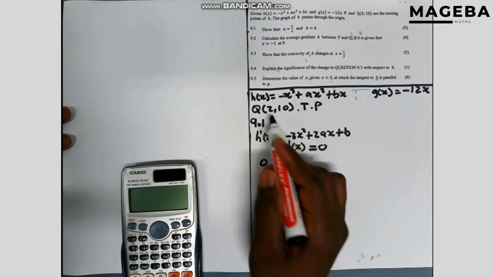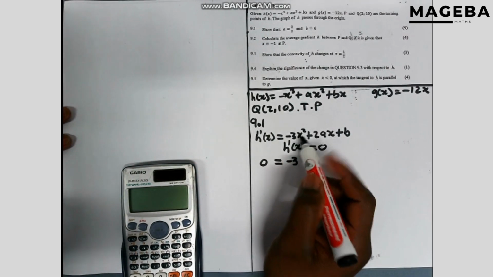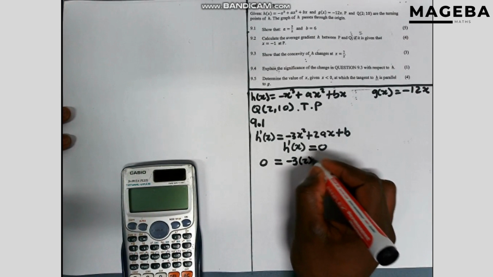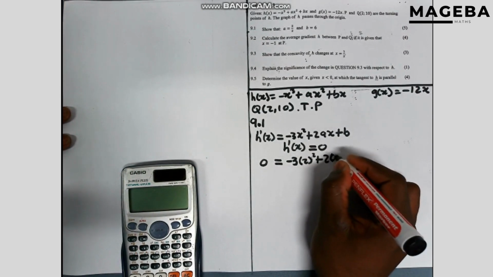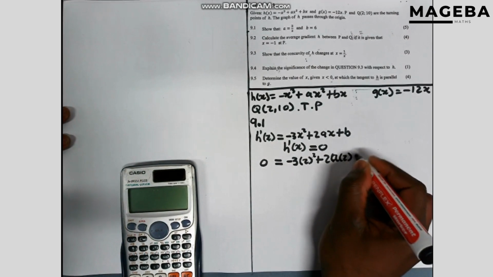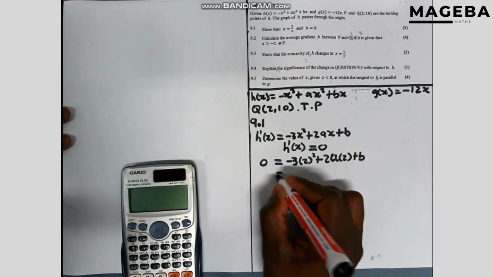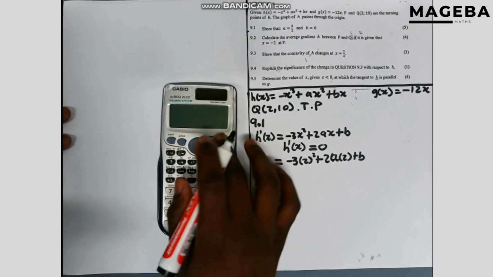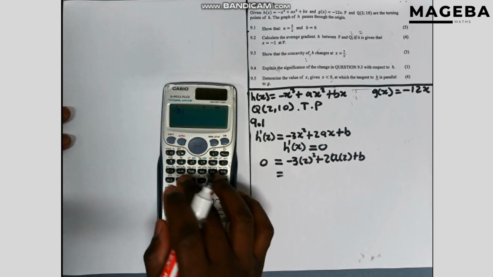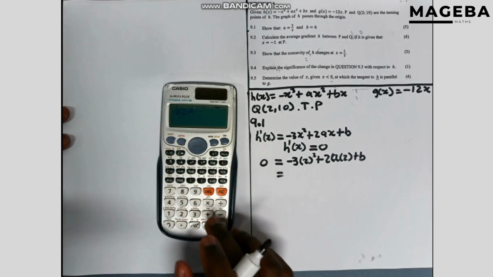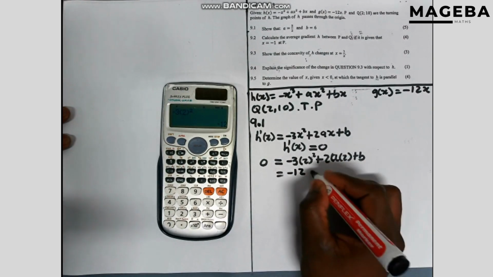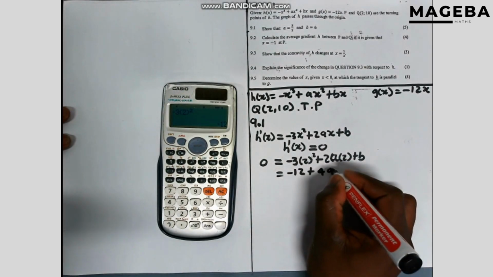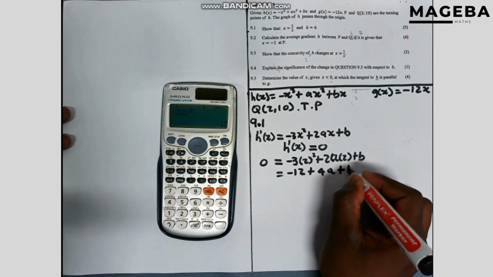Now we're going to substitute the x of the turning point here. Then it's going to be negative 3 into 2 squared, which is negative 12, then 2 times 2 is 4, so we're going to have 4a, then plus b.